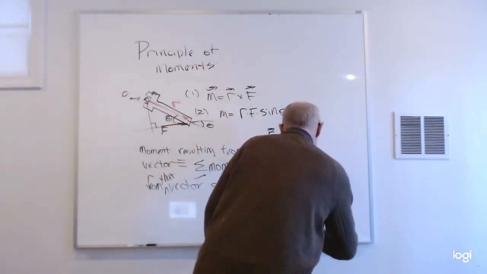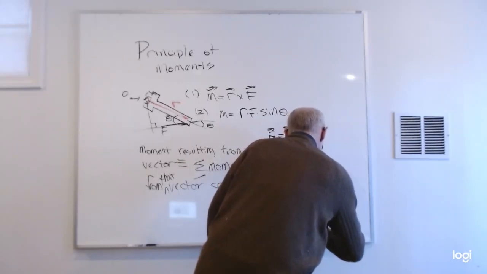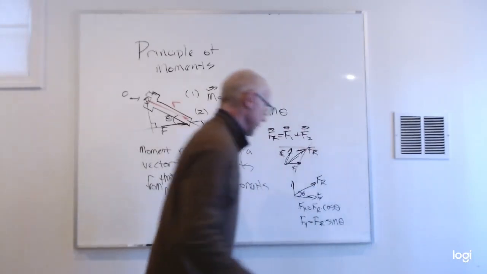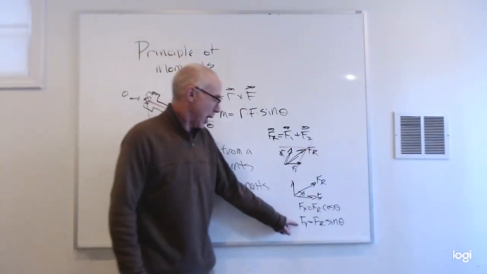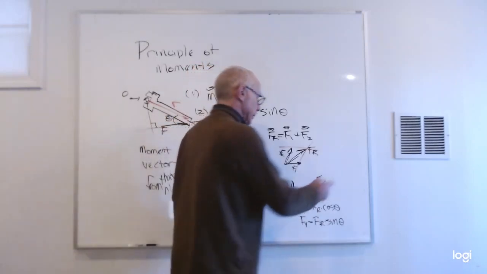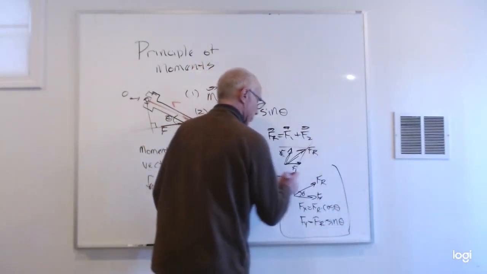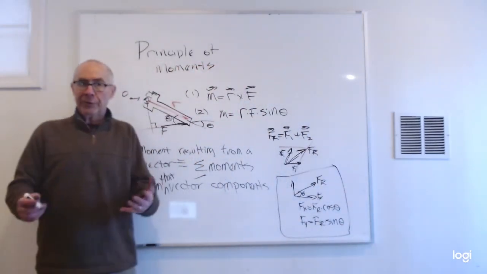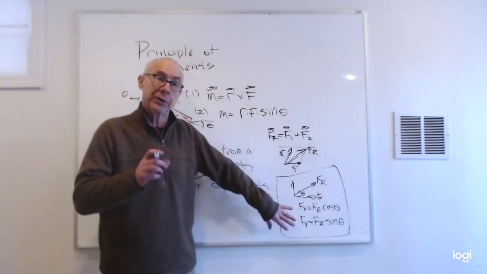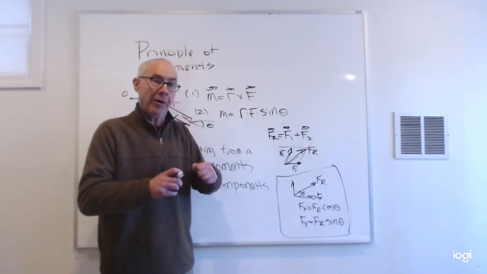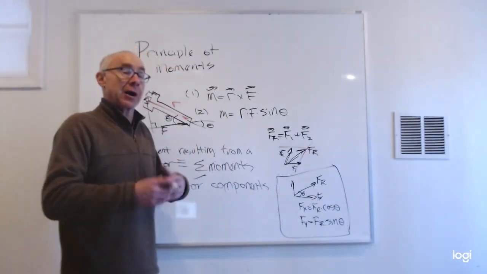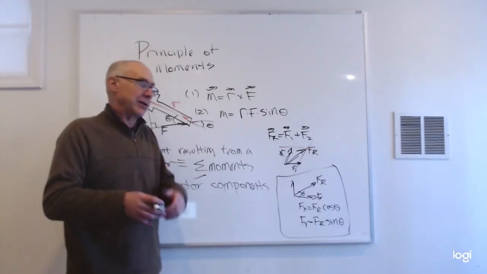And Fy, by the same reasoning, equals F_R times sine theta. You need to really know this. I mentioned it at the beginning of the term when I reviewed basic trigonometry. You've got to know these so you can do them very fast, because you'll be doing them all the time. The more you do it, the easier it will get. I guarantee it.